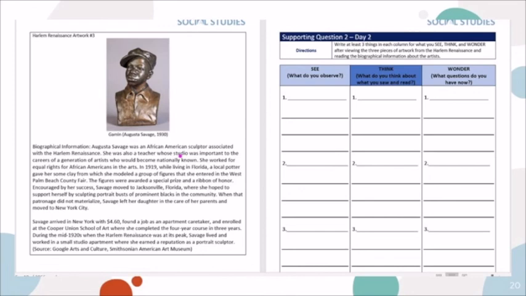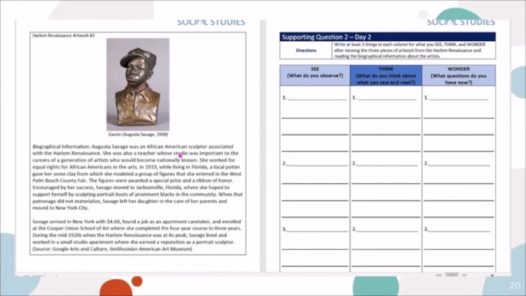You can see: what do you observe in the artwork? What do you notice? Think: what do you think about what you saw or read? And wonder: what questions do you have now about the artist, the artwork, the inspiration, or even this time period? There may be some other things that I'm not covering, but by all means, use your creative minds to help you complete this activity.